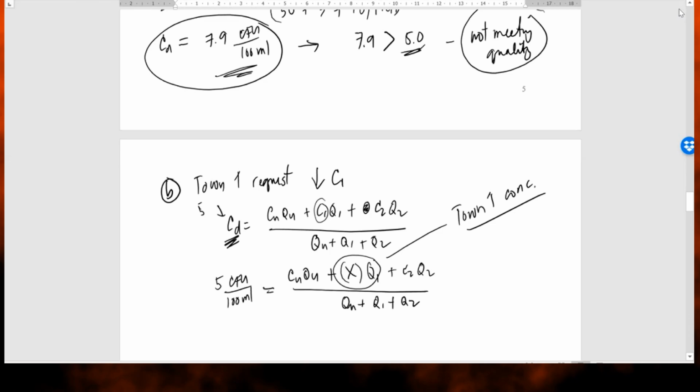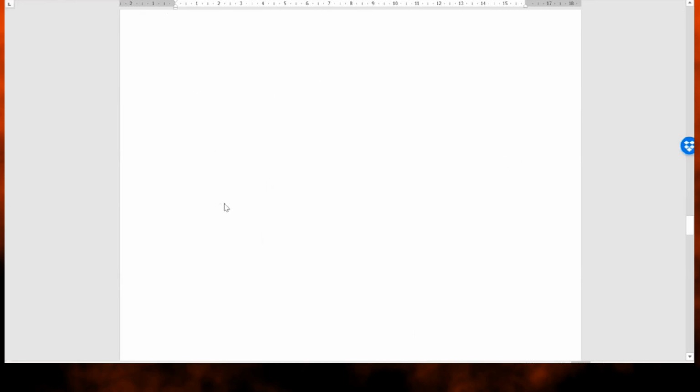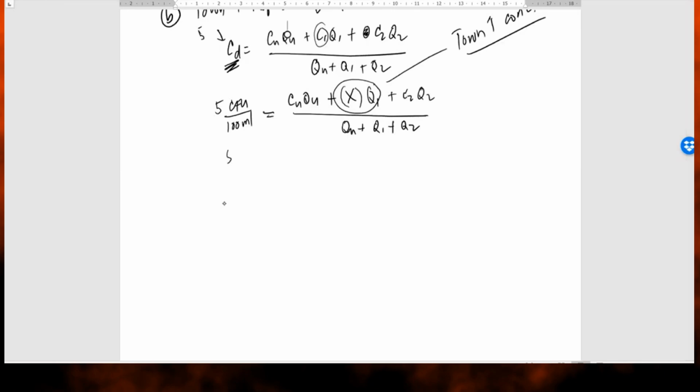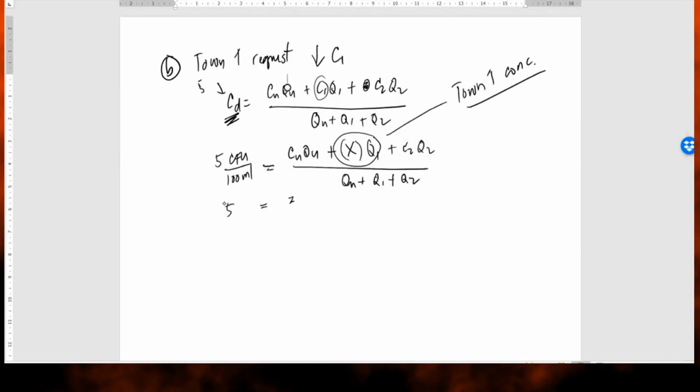So now we can input all the values. We have 5 here is equal to 3 times 50. Everything is the same number, right?